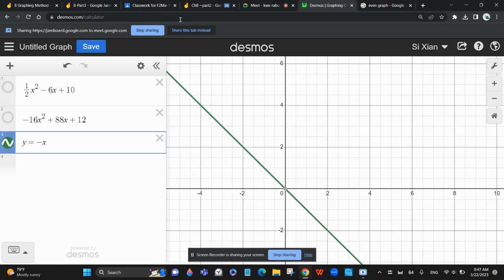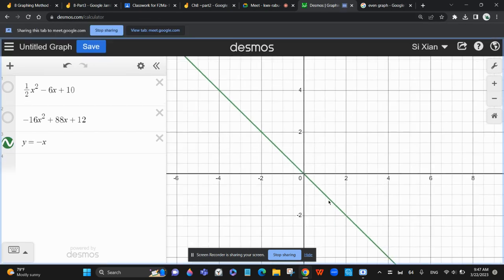So if you see, or I share this tab, when x is 2, the value is negative 2, but when x is negative 2, the value is 2. So it is like reflecting through the origin. Yeah, so this one is an odd function.